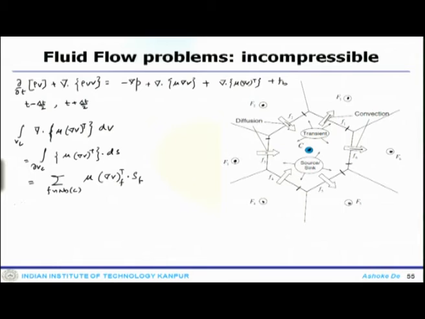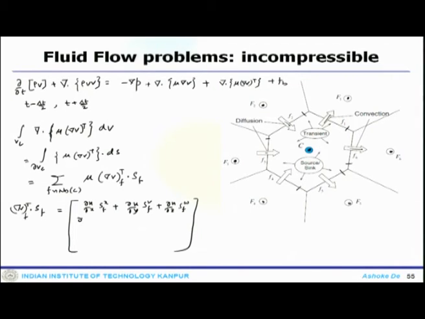Now, the expanded form of del V transpose dot Sf in a 3-dimensional coordinate system, one can think about, would be del u by del x Sf x plus del u by del y Sf y plus del u by del z Sf z.